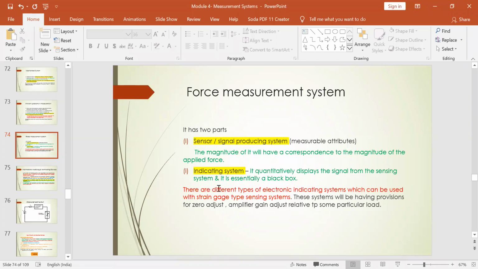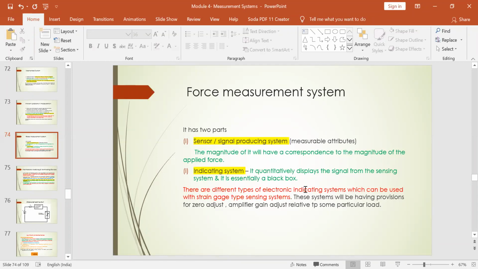For that it should have some adjustments. These adjustments are nothing but zero adjust or amplifying the received gain with respect to the particular load. This adjustment depends upon the load applied. Based on the load applied, it will sense the applied force, and based on the applied force, it will display it in the modifying unit, which is a black box.